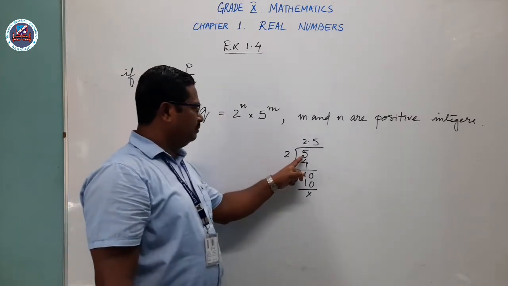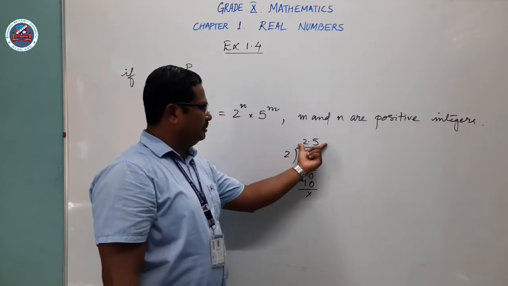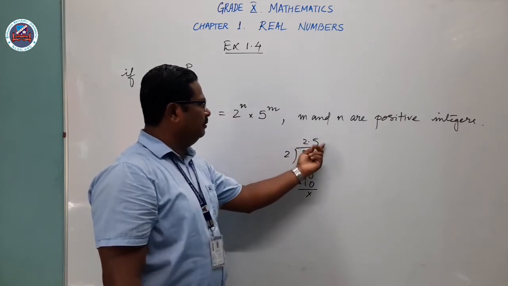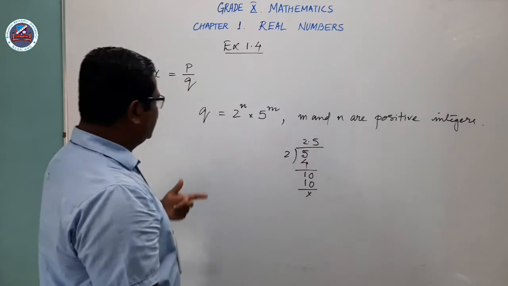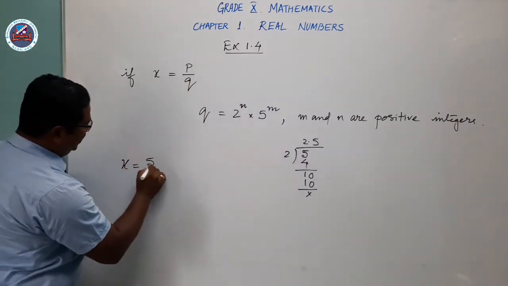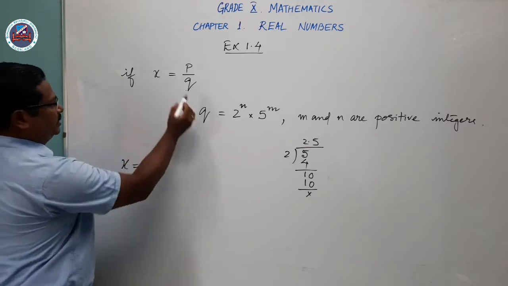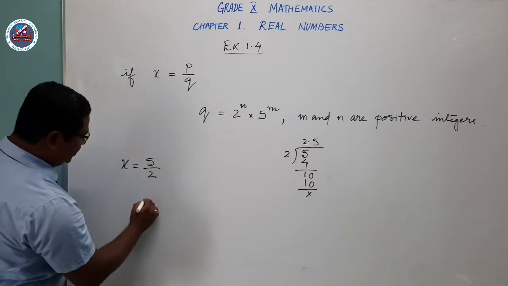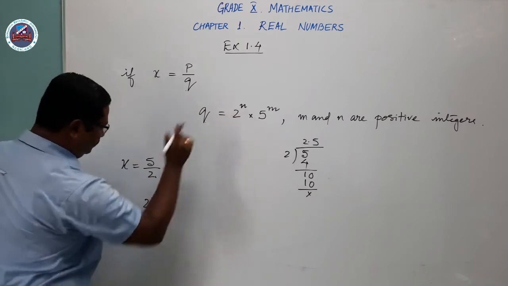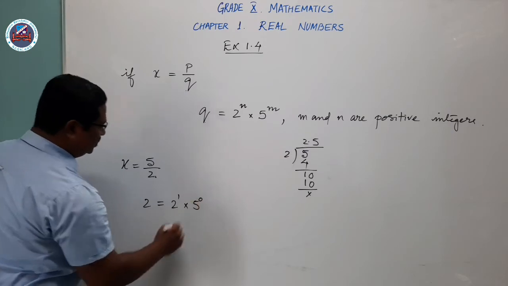On dividing 5 by 2, the decimal value stops here after 5. So if I am taking the number as 5 by 2, this is your q, the downside. This q I can write in this form, 2 to the power 1 into 5 to the power nothing, means 0.